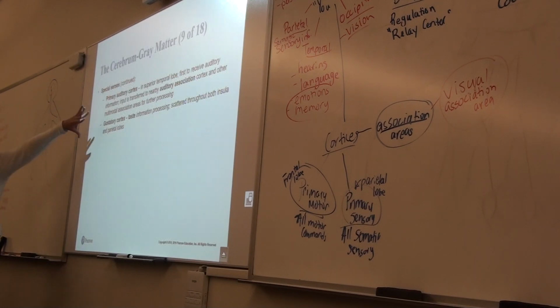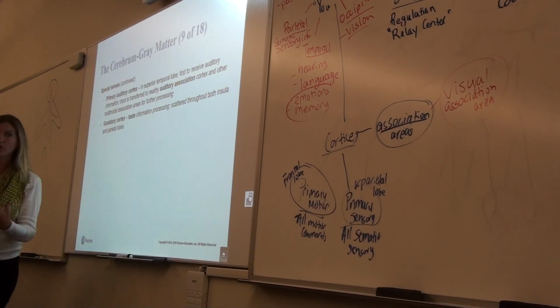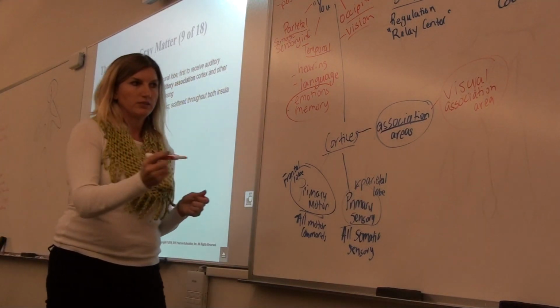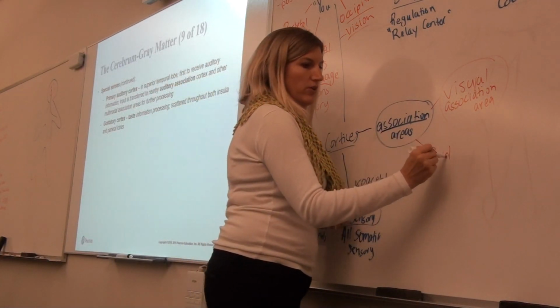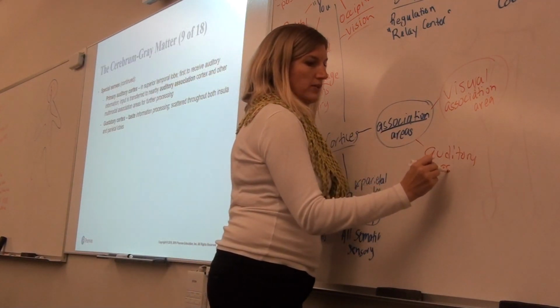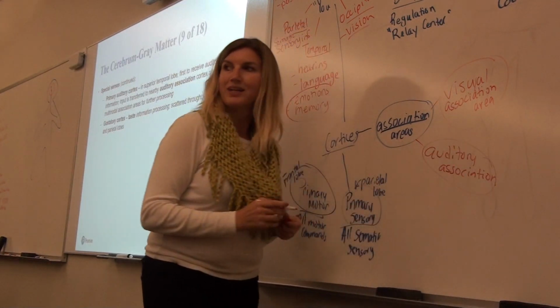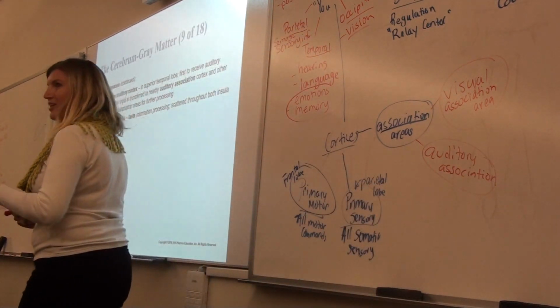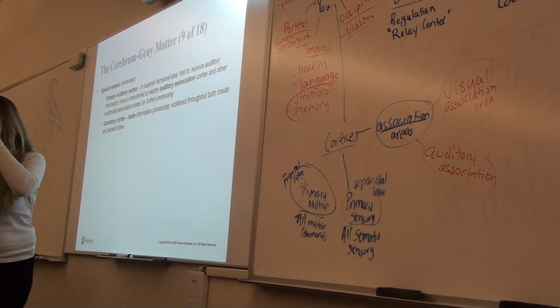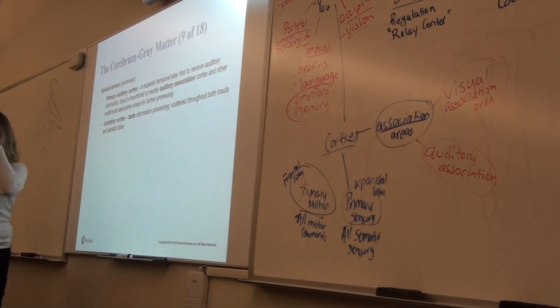There's also a primary auditory cortex with an auditory association. If your mom was in the back of the room, would you recognize her voice? If you would, it's that association area. Jane, I can hear her. Right? That's because of that association area.